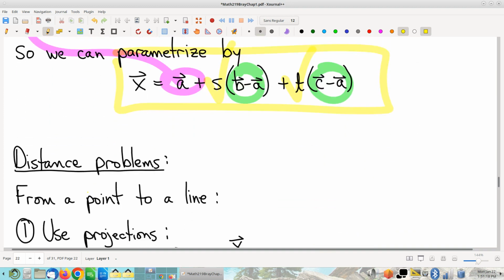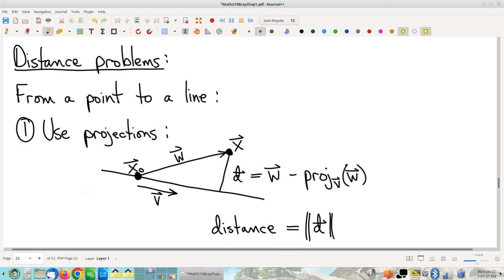All righty. Okay, so there's a large category of other kinds of problems involving lines and planes and points and equations and parameterizations and stuff like that. And that is distance problems. What's the distance from this to that? That kind of thing. So I'm just going to walk you through the broad strokes of the strategies. So again, please don't take this as a bunch of formulas to memorize. Right?